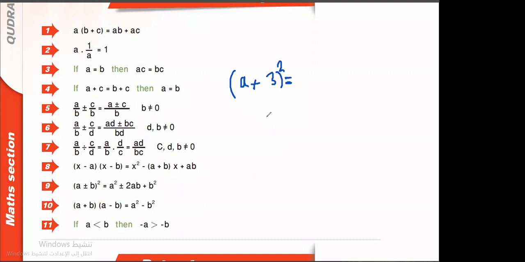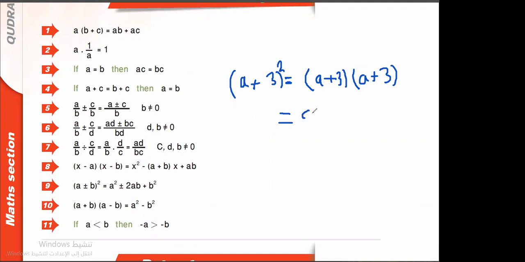We have two ways. The long way: you have two brackets here, a plus 3 and a plus 3, because the bracket is repeated 2 times. So what is the answer here?